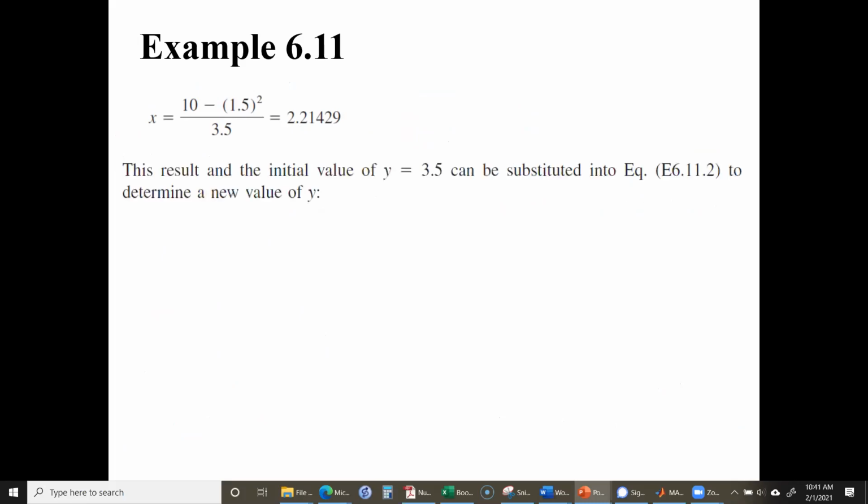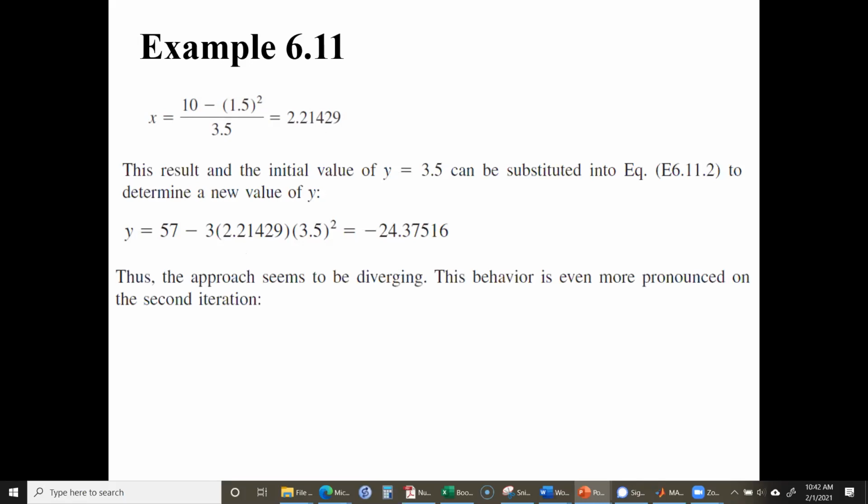Then for the value of y, if we input the previous value of x, we get the value of y is equal to minus 24.375. So from a value of 3.5, we are moving to minus 24.375. In this case, we can see that the solution is kind of diverging.